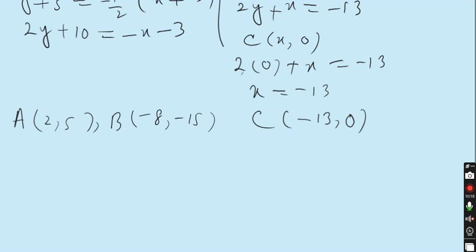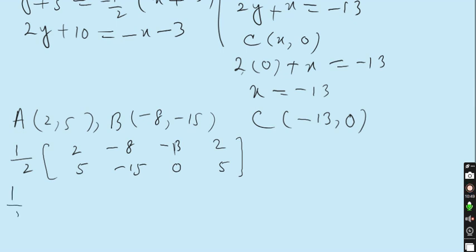And the coordinate of C, you can see on your screen, (minus 13, 0). Apply the formula for the area of a triangle: x1, y1, x2, y2, x3, minus 13, 0, y3, and x1, y1.